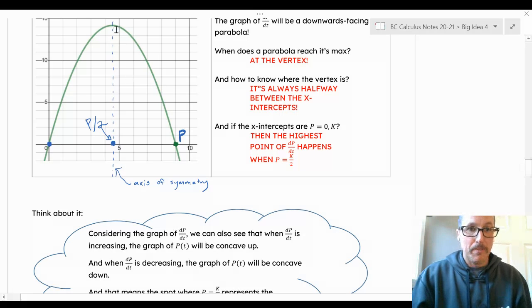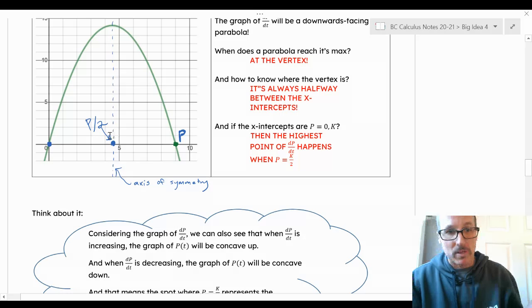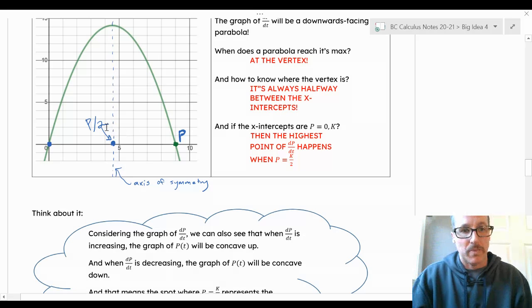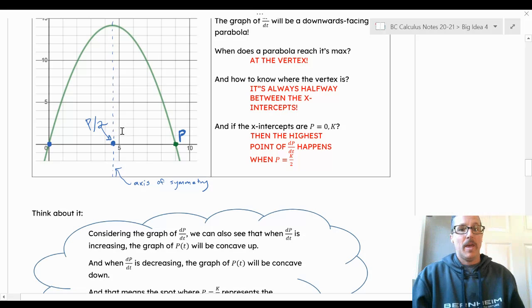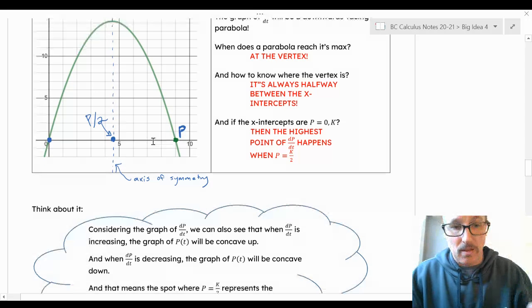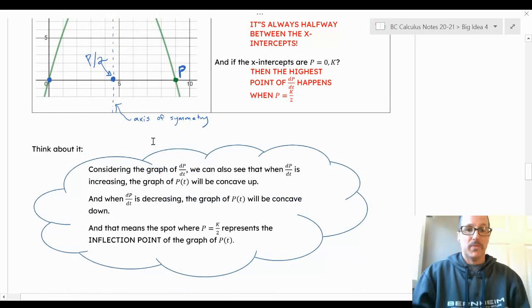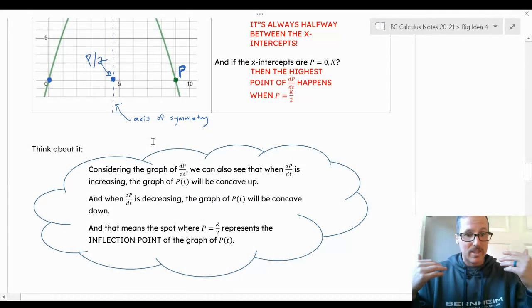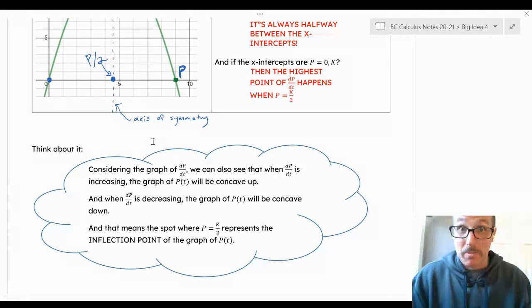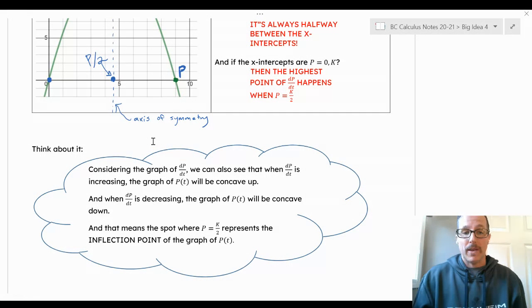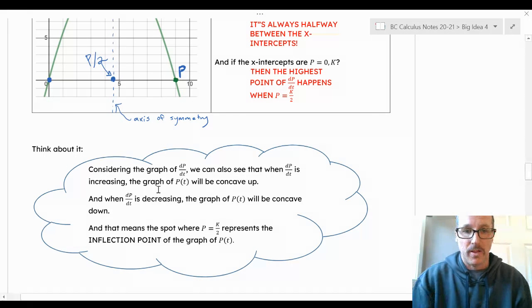And if dP/dt is decreasing, which happens after that halfway spot of K, the curve is concave down. If there is a change in concavity, that's the inflection point. So half of the carrying capacity is always going to represent the inflection point on the graph of P of t.